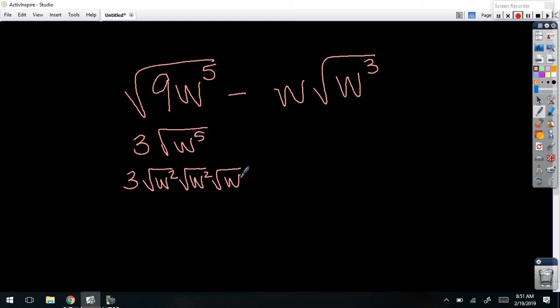I'm breaking them down by 2 since that's the root on the outside. Because now this is 3 times w times w times the square root of w. What's the square root of w squared? Okay, so this is 3w squared times the square root of w. Do you agree with that?